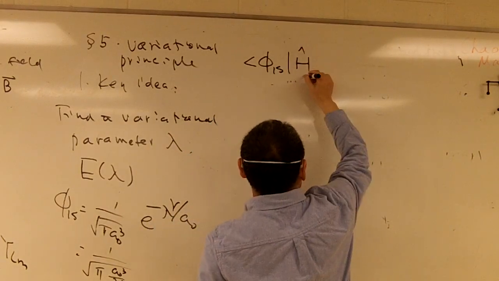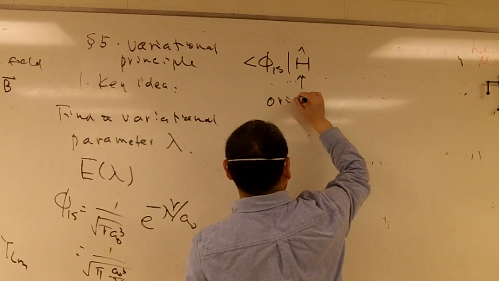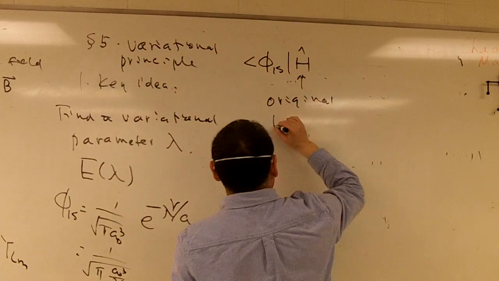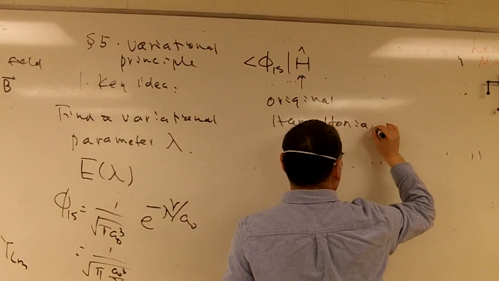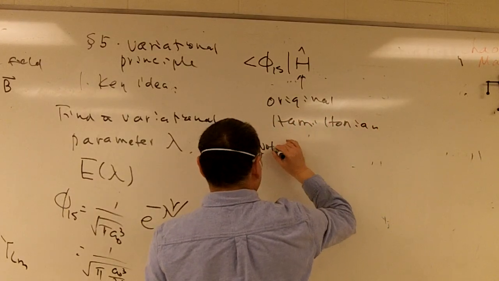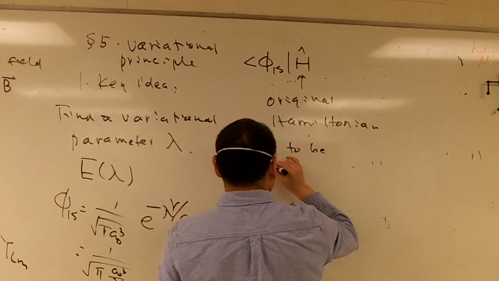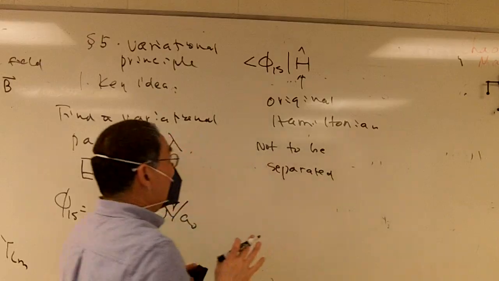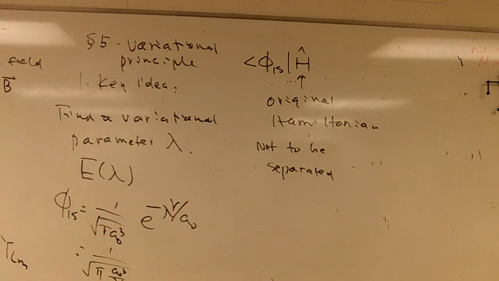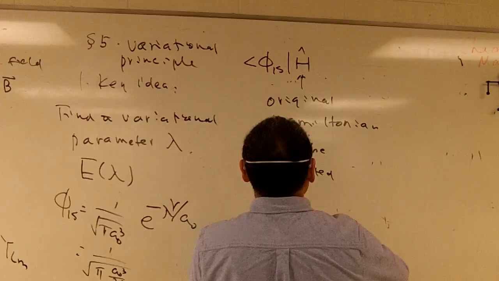This is the old Hamiltonian, the original Hamiltonian. I do not separate them. The H itself is the original Hamiltonian. We do not separate. In the perturbation theory, we separate. But here, in the variational principle, we do not separate them.